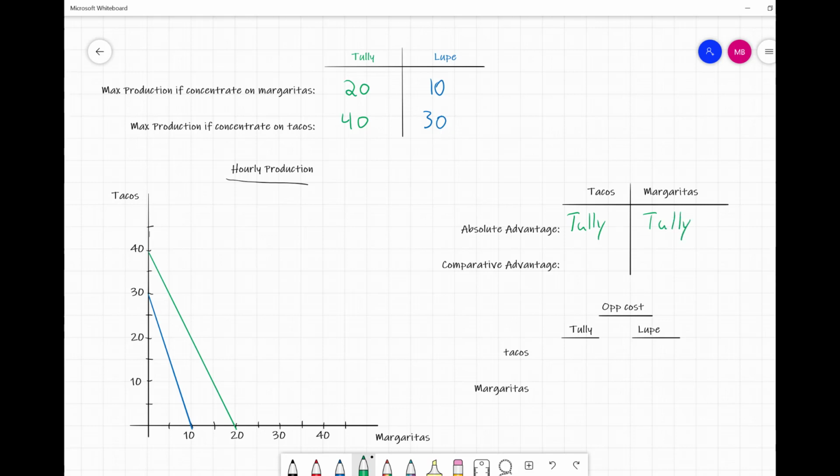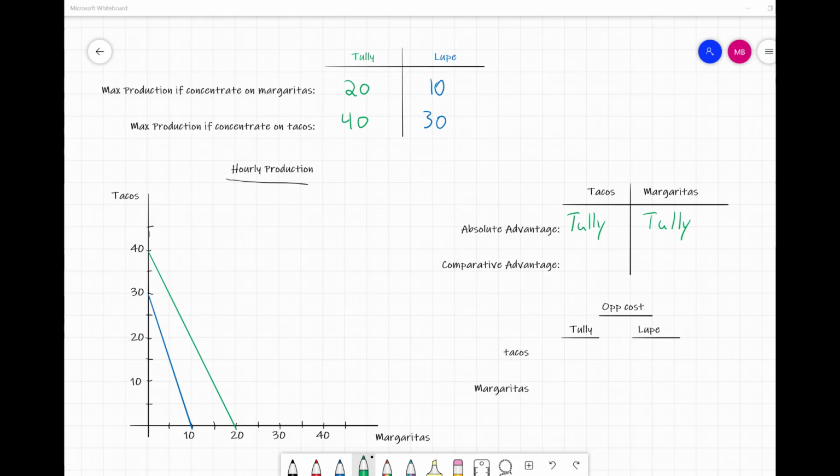But we know that specialization and trade doesn't rely on absolute advantage. The key is comparative advantage, which relies on the opportunity costs. So the next thing we have to figure out is the opportunity cost for each good for each individual. And whoever has the lower opportunity cost of each good is going to have a comparative advantage in that good. So let's calculate the opportunity cost for margaritas first, since margaritas is actually on the x-axis.